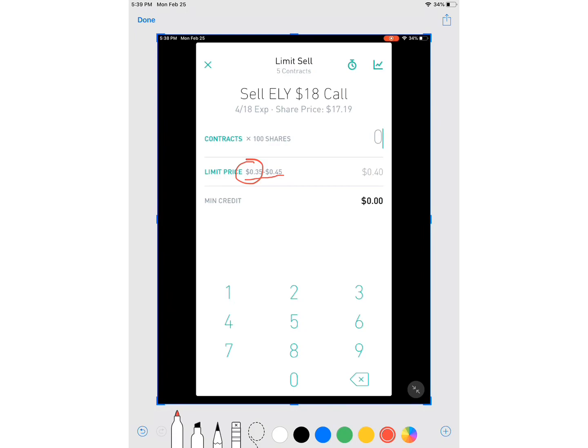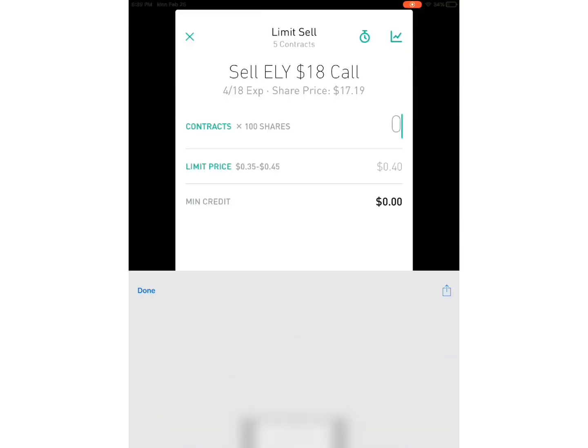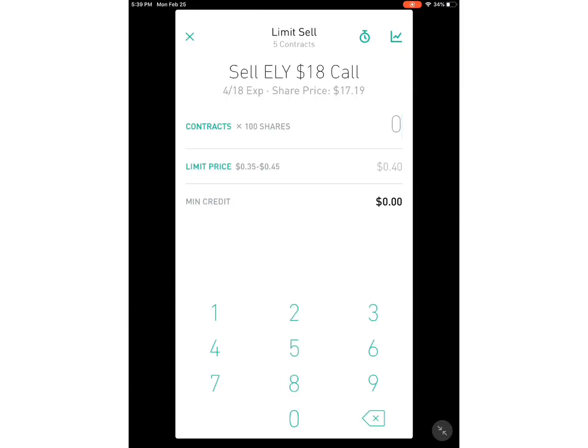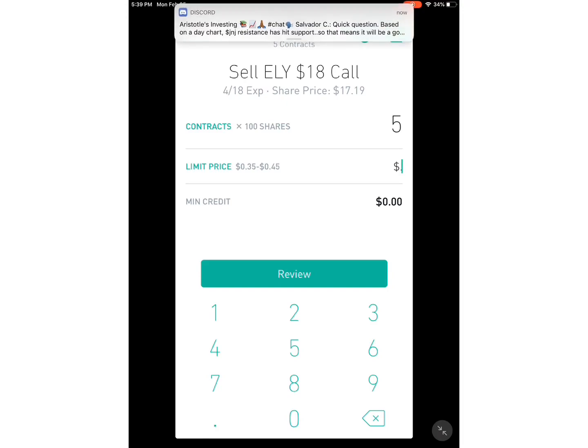So bam, let's just say I want to sell all 5 of my contracts, right? So I would do 5, and then I would do 0.45 right here, right? So I wanted to sell 5 for, actually my fault, scratch that.